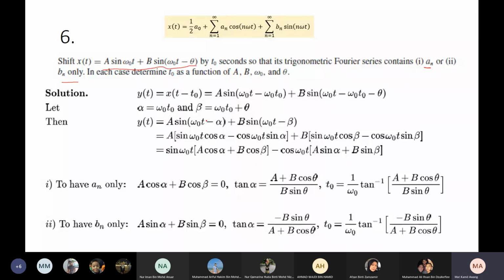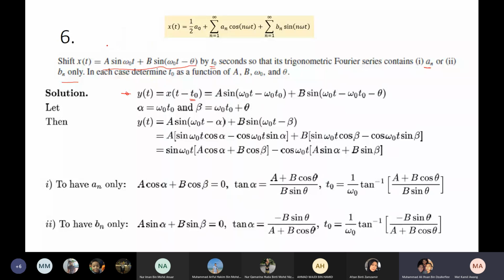Let's assume the shifted function is called y of t, and you shift by t naught seconds. So your new shifted function will be sine omega naught t minus omega naught t naught. Okay?